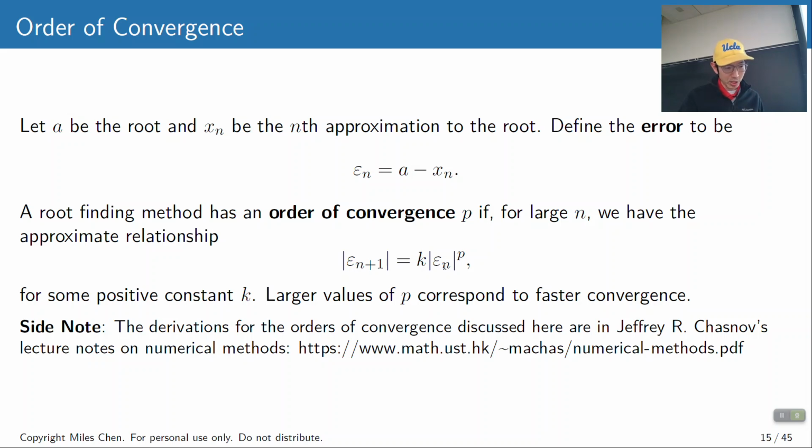How much smaller is the next amount of error? So the idea is, we want the next amount of error to be smaller than our current amount of error at time n. So if we can raise our current value to some power p, multiplied by some constant, this means the next value of error is some degree, some order smaller than the previous value, and larger values of p correspond to faster convergence.